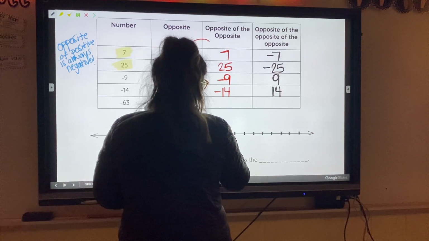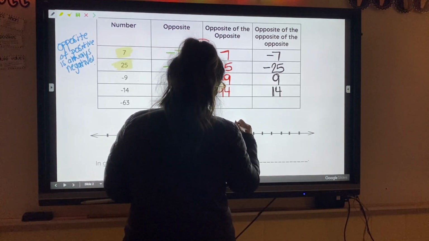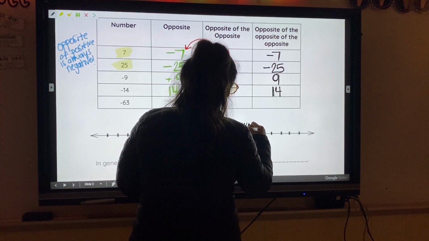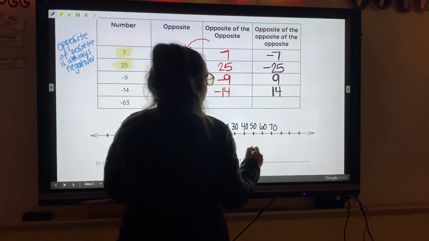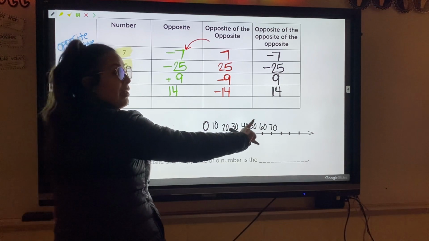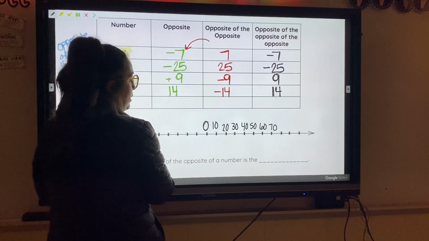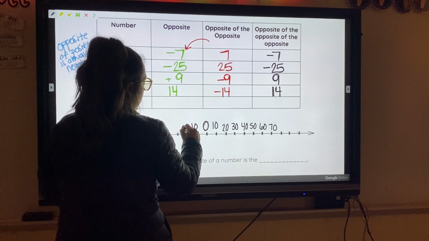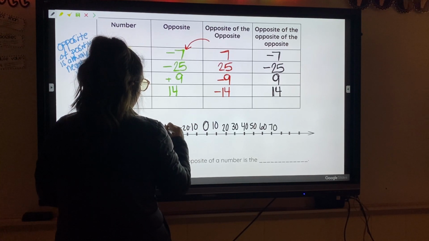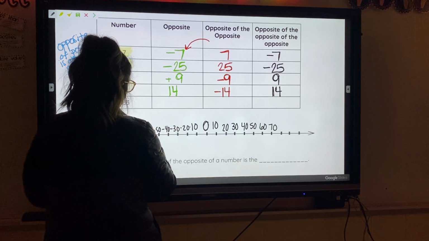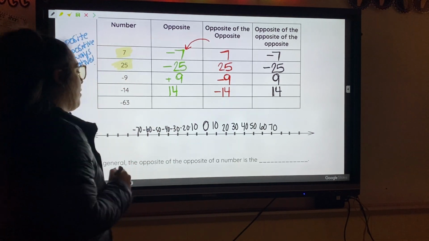So I'm going to do 10, 20, 30, 40, 50, 60. And I'm going to go up to 70. So same thing I do on this side, I want to do to the opposite side. So negative 10, negative 20, negative 30, negative 40, negative 50, negative 60, negative 70.